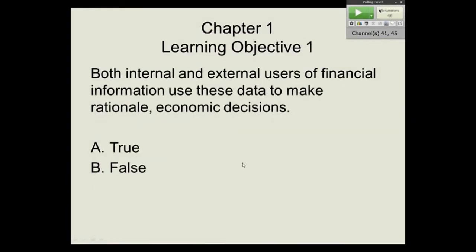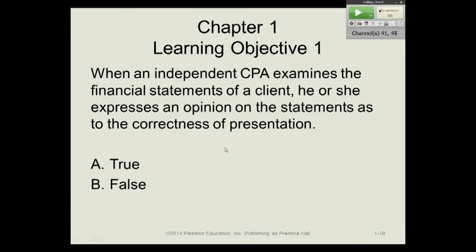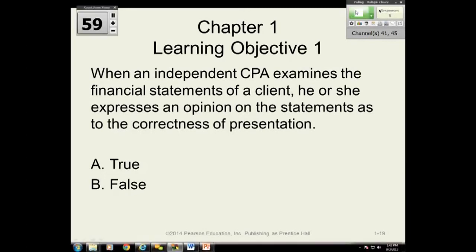All right, so now, this one, I know we just talked about this, should be fresh in your mind. When an independent CPA examines the financial statements of a client, he or she expresses an opinion on the statements as to the correctness of the presentation. All right, so again, this one, I hope it's easy.